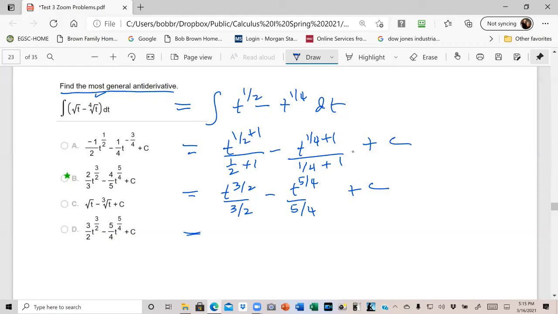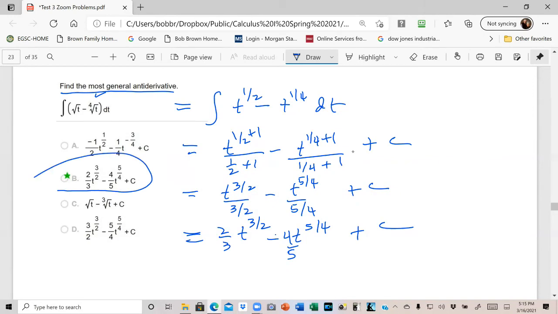And now divide by 3/2 and you get 2/3 t to the 3/2 minus t to the 5/4 times 4/5 plus a constant. And that is answer B.